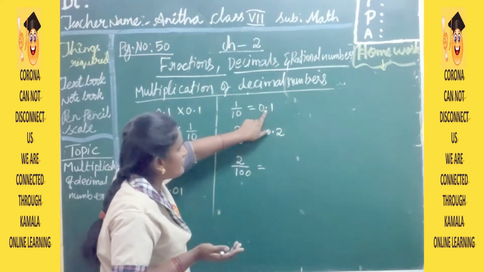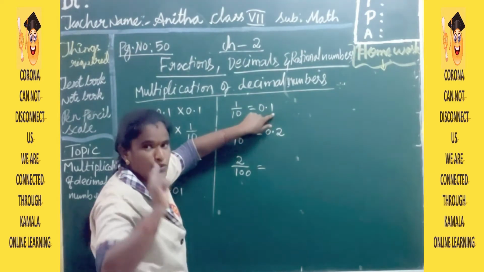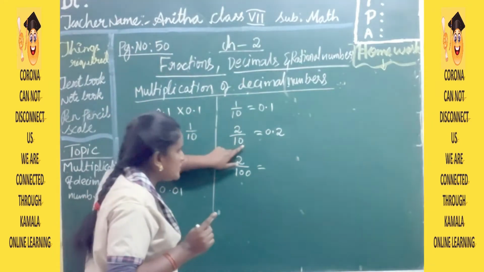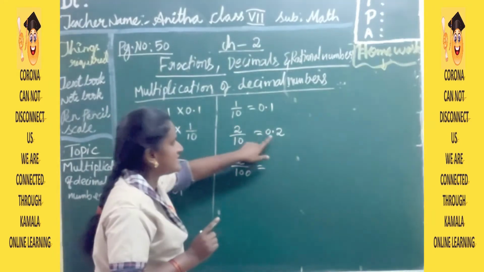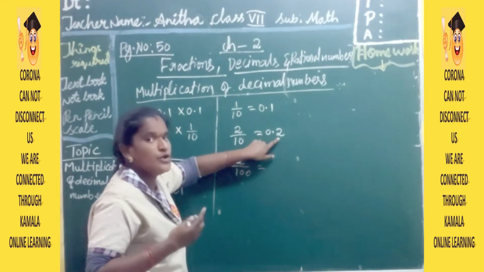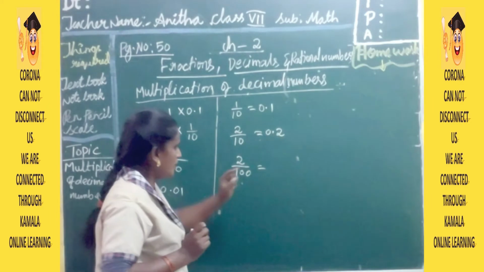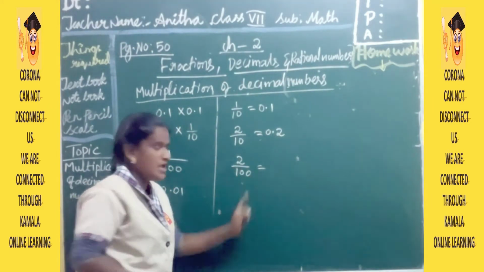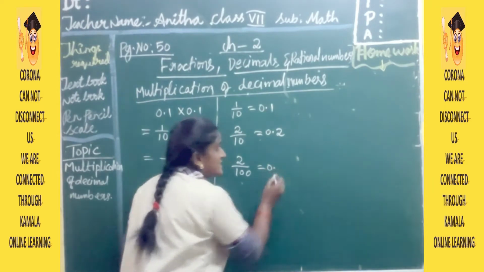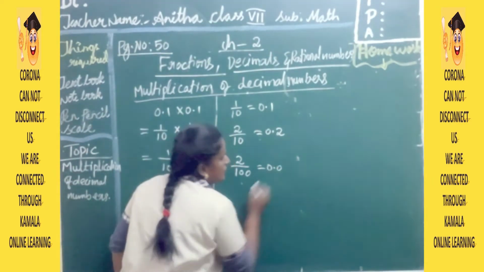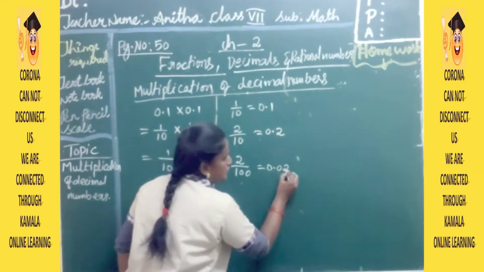Here a single zero means only a single digit after the point. Here 2 zeros are there, so after the point we get 2 digits. So 0 and then 0 and 2.